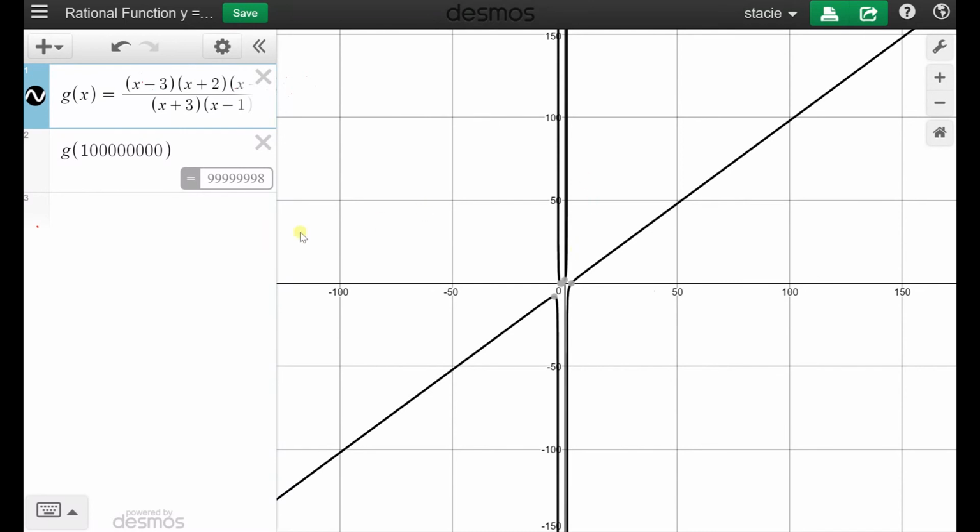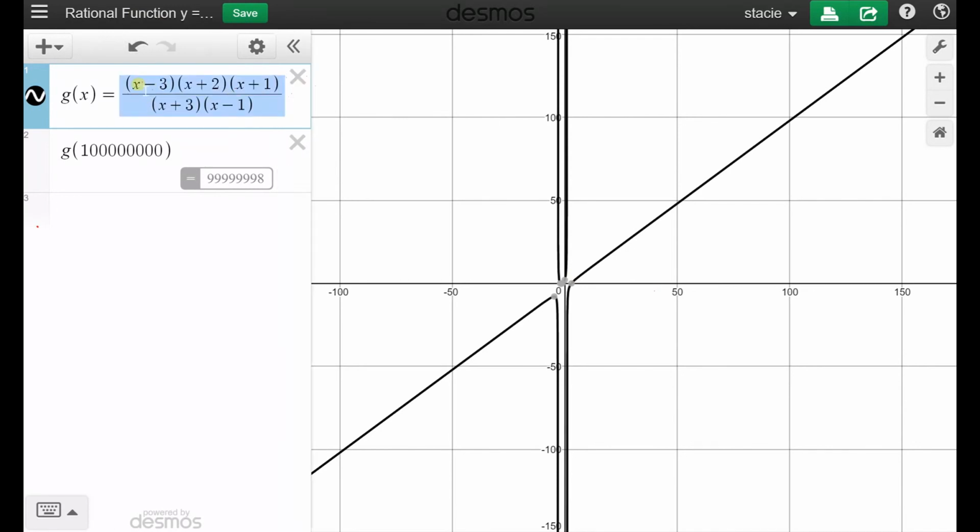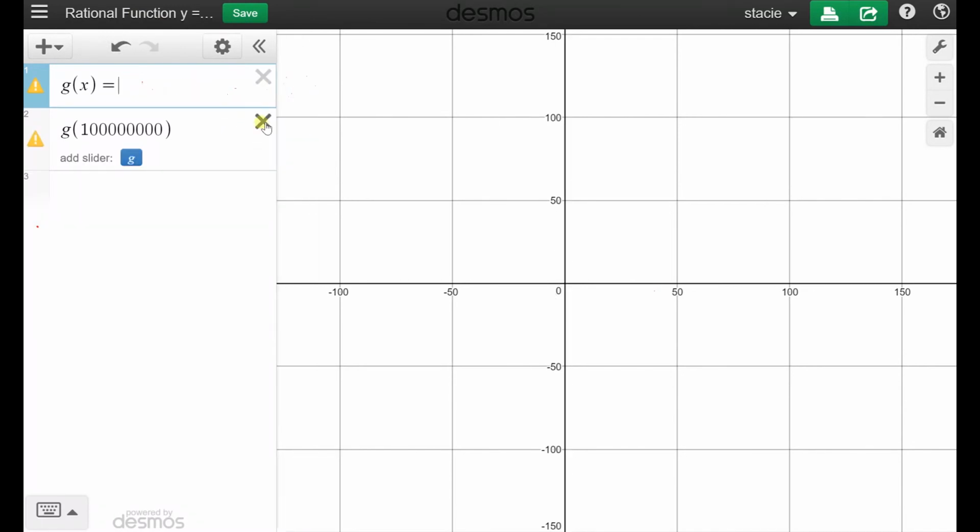And notice that the degree of the numerator was 3 and the degree of the denominator was 2. So because the degree of the numerator was exactly 1 more than the degree of the denominator, we have an oblique asymptote.